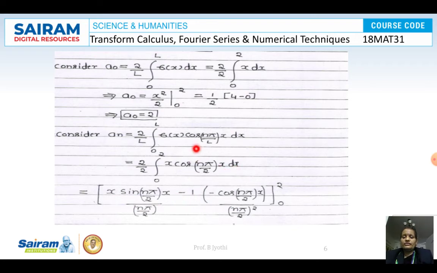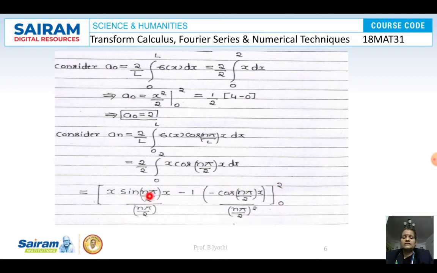Now this has to be integrated by parts, that is the UV method. When we do it by the UV method, as I told already, u into v1 minus and so on, that formula, Bernoulli's rule. So x into the integral of cos, which is sin n pi by 2 of x, minus the derivative of x, which is 1, and the integral of sin is minus cos n pi by 2 of x divided by (n pi by 2) the whole square, and the limits are 0 to 2.